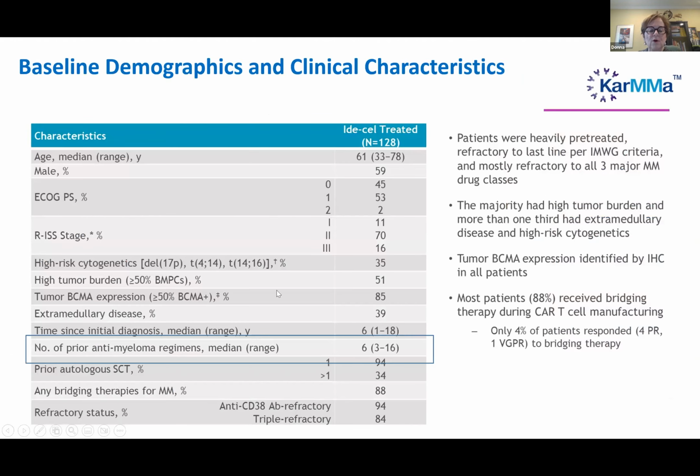So I won't go through all the characteristics. Again, I think this number of median drugs is important. These individuals had high tumor burden, and I think I've discussed these points.